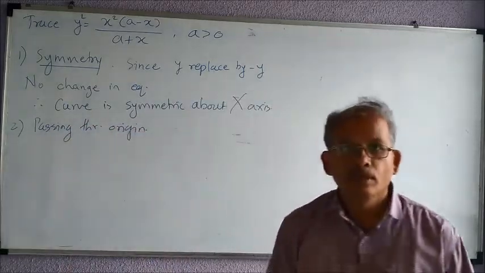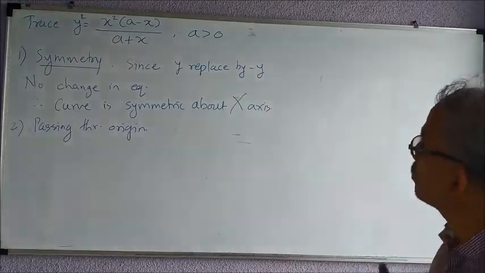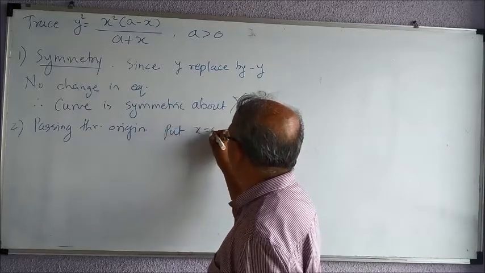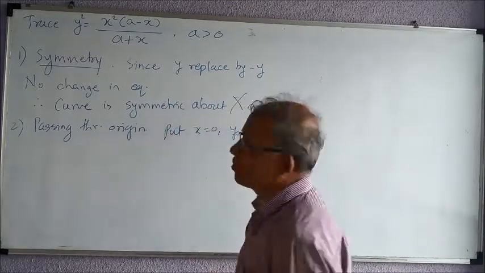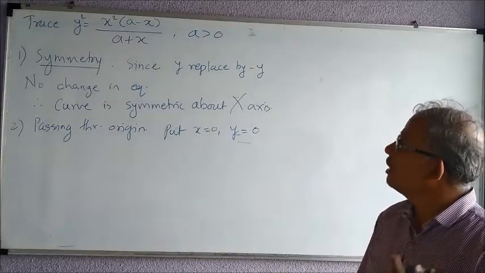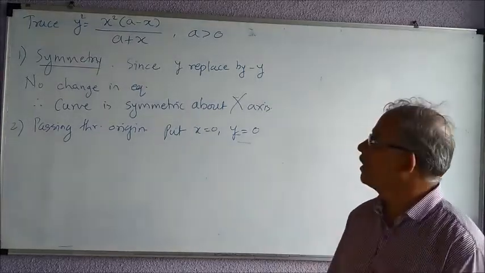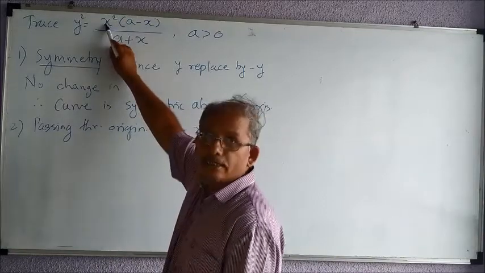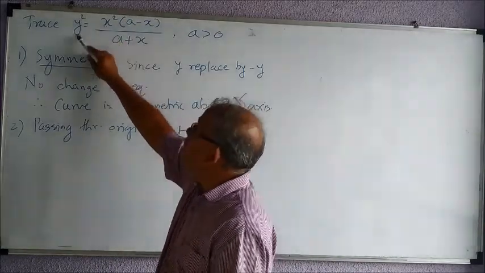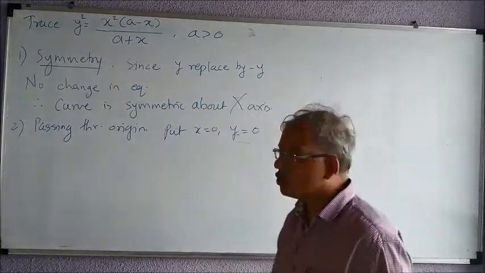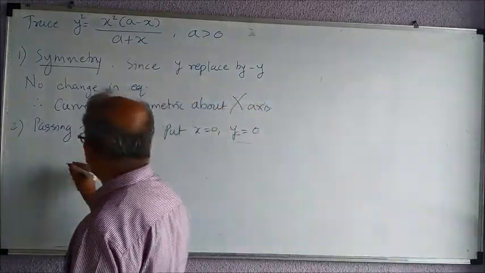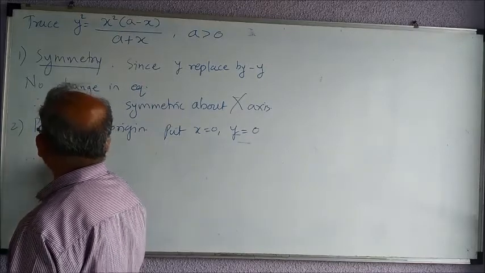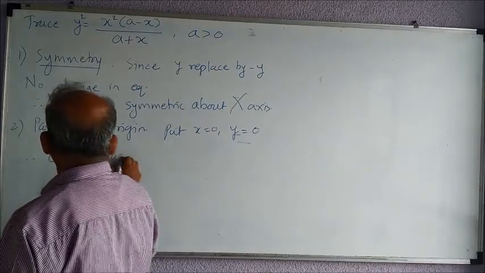So we will put x equal to 0 and y equal to 0 in the given equation, and check whether the left hand side is same as the right hand side. So if we put that, this will be entirely 0 once you put x equal to 0 over here, right? And y equal to 0, the LHS is also 0. Therefore, equation of the curve passes through origin.